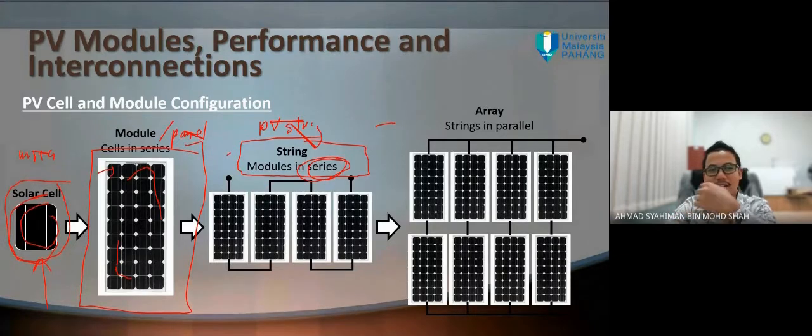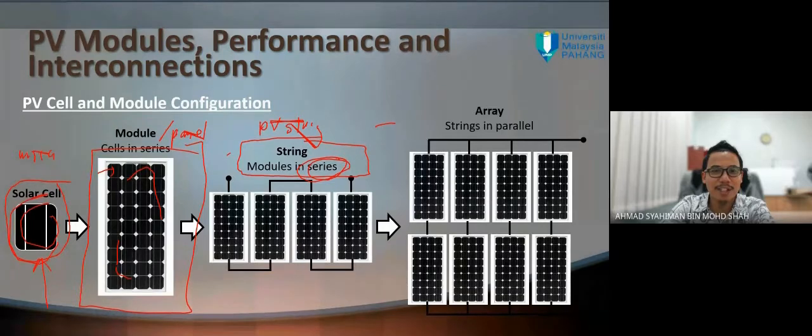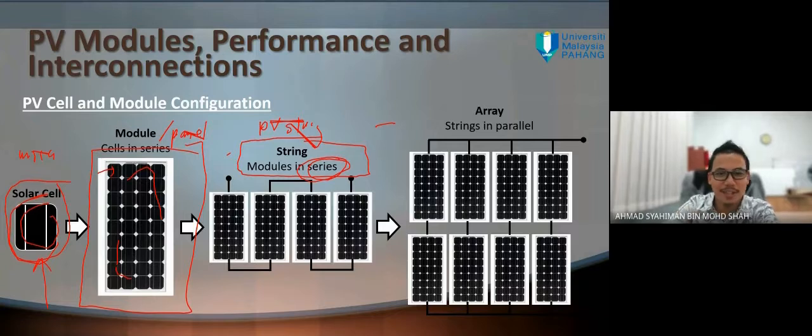Why? Voltage remain and current change. Mungkin sebab dia sambung series kot sir. Okey lah. Tak apalah.